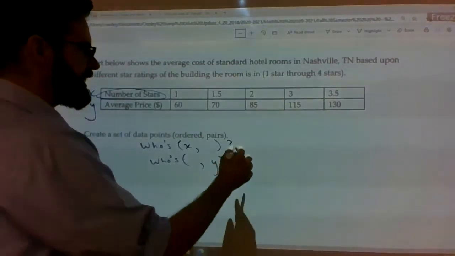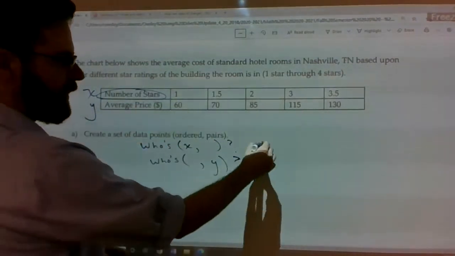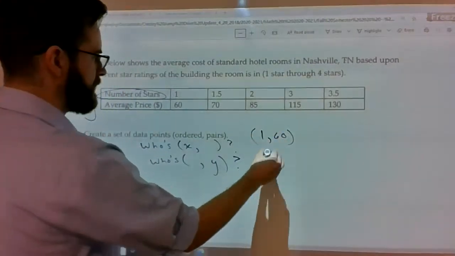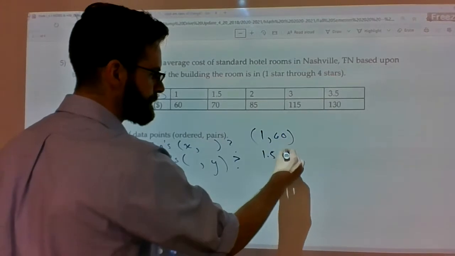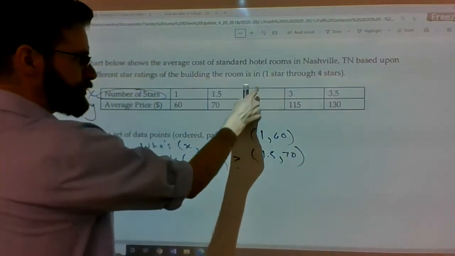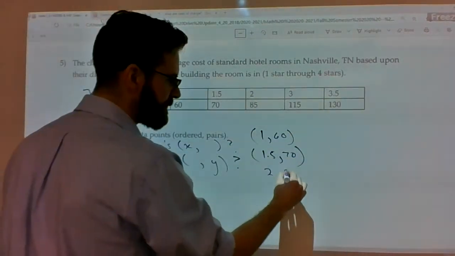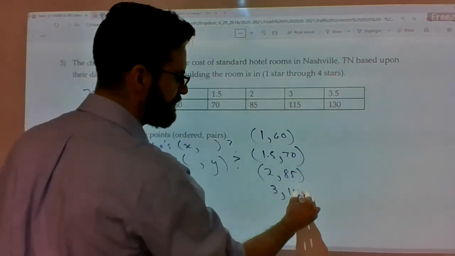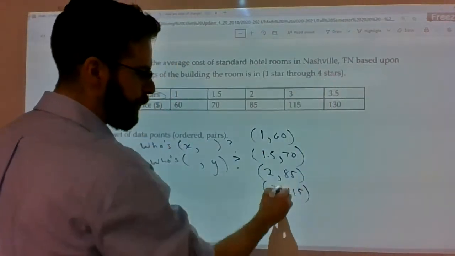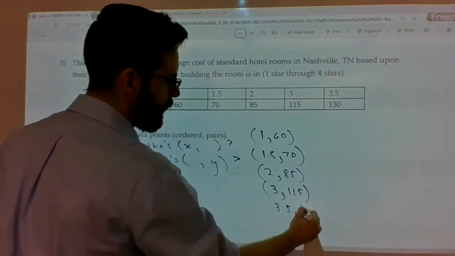So you've got the data points (X, Y): 1 corresponds to 60, 1.5 corresponds to 70, 2 corresponds to 85, 3 corresponds to 115, and then 3.5 corresponds to 130.